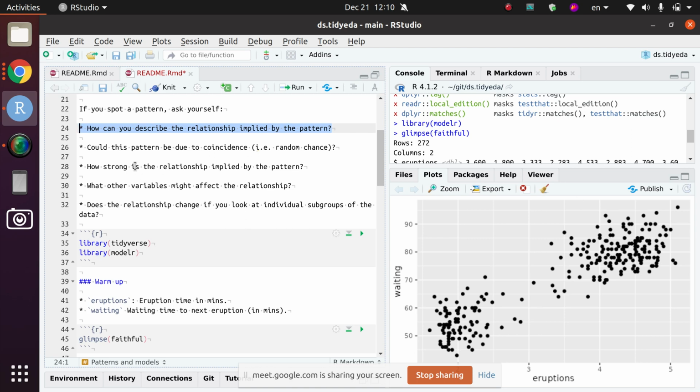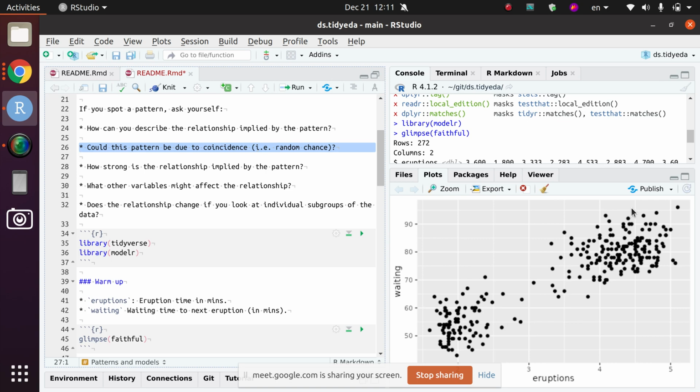So when we ask ourselves how strong the relationship is, it looks like a pretty strong relationship. And if we ask ourselves if the pattern could be due to just chance, very likely, I would say no, because the relationship seems pretty strong.